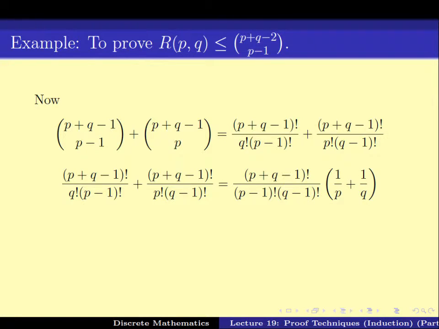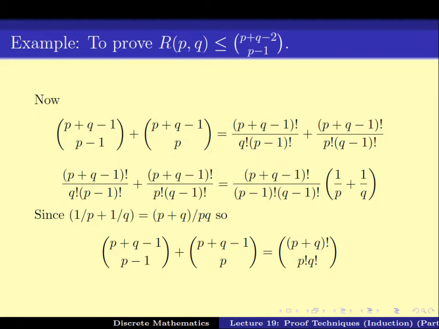You can take out the common factor, and then it gets 1 by p plus 1 by q, and since 1 by p plus 1 by q is p plus q by pq, p plus q times p plus q minus 1 factorial is indeed p plus q factorial, and similarly p times p minus 1 factorial is p factorial, and q times q minus 1 factorial is q factorial.